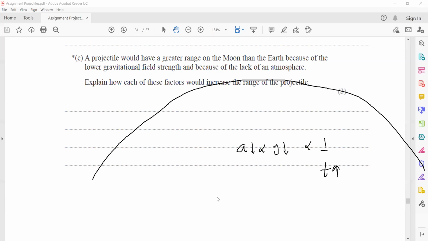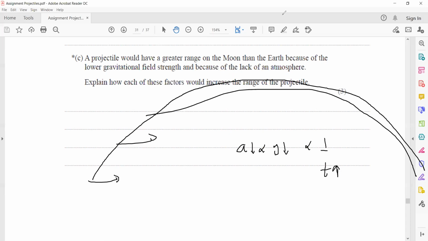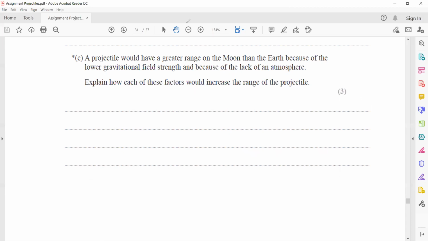And the second thing, how the air resistance affects it. With lack of atmosphere, there is no force which opposes the motion. If the force is not opposing the motion, there is no deceleration in the horizontal component. The horizontal component remains the same throughout the motion. That's why it will have a maximum range or greater range. So both of these factors would increase the range.